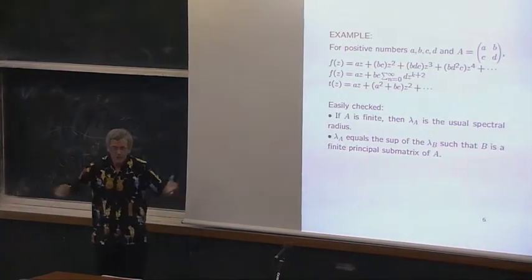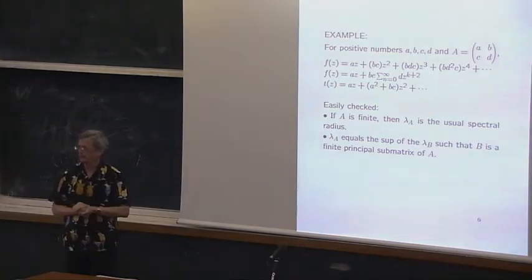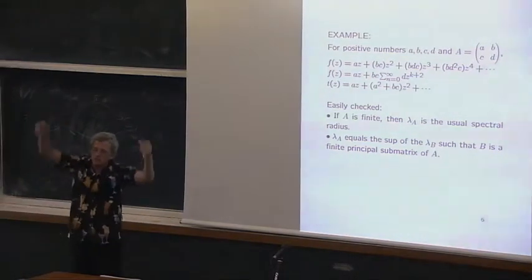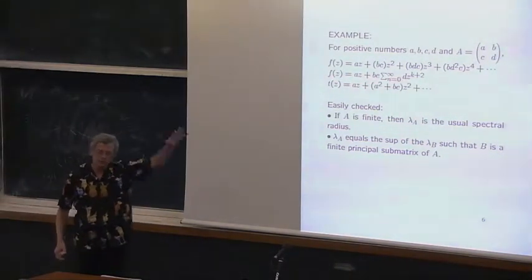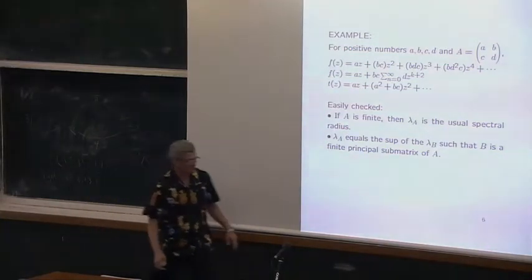The Perron value for this infinite matrix, we'd be very uncomfortable if it were not the limit of a suitable increasing sequence of principal submatrices' Perron values. So it is. That's what it should be.